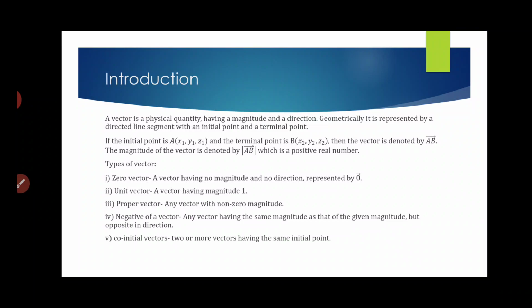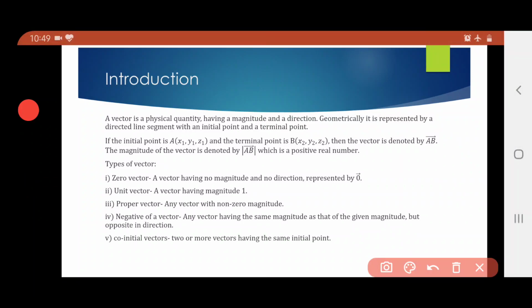Co-initial vectors means two or more vectors having the same initial point. So for example, if I draw this, if this is one vector and this is another vector, then definitely these two vectors are called co-initial vectors because they have a common initial point.